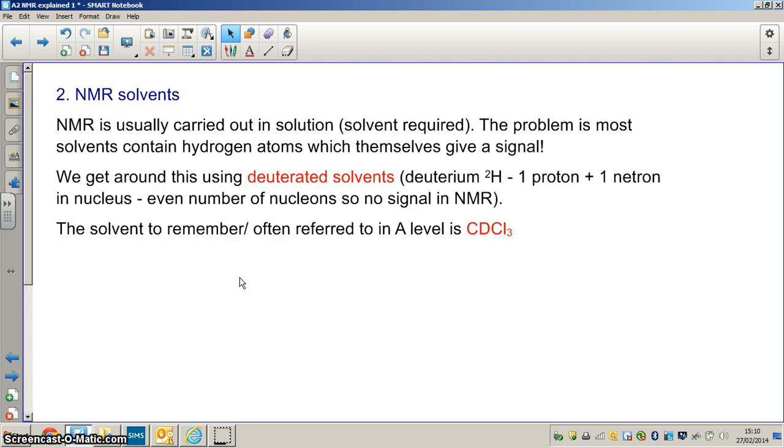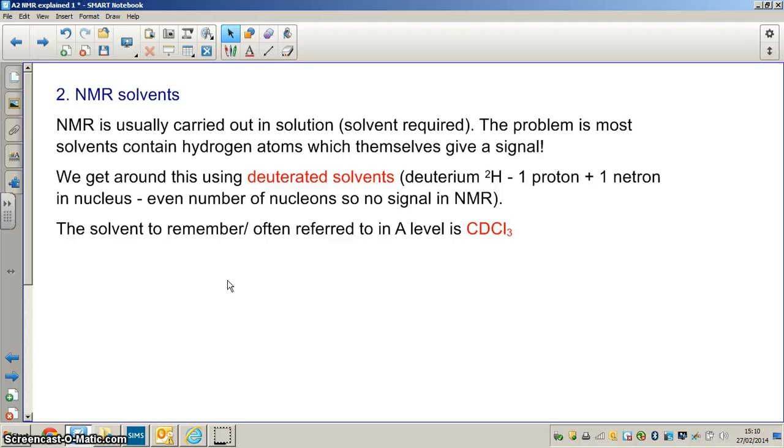The other thing which regularly arises in questions about NMR is the types of solvent. Now, NMR is carried out in solution. So when we measure an NMR spectrum of a carbon compound, we invariably put it into a solvent. But this is where the problem arises, because most solvents contain hydrogen atoms and carbon atoms.